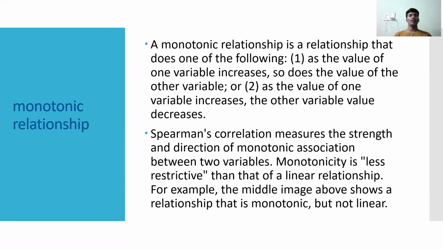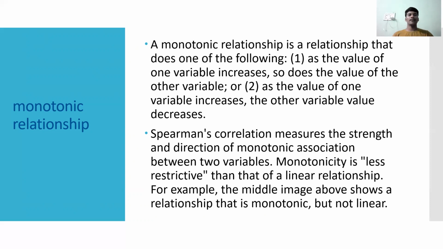Now, what is a monotonic relationship? A monotonic relationship is one where either, as the value of one variable increases, so does the value of the other variable, or, as the value of one variable increases, the other variable's value decreases. The graph indirectly represents constant increasing or constant decreasing.